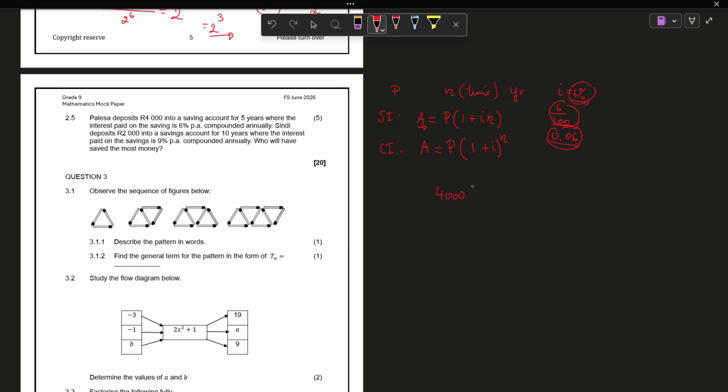And then they say compounded annually. So we would like to use compound interest first. So compound interest means we're using this formula here. The principal amount is 4,000, so we write the principal amount here. We open the bracket. We're going to have 1 plus the interest rate we are given, which is 6%. 6% means 6 over 100.